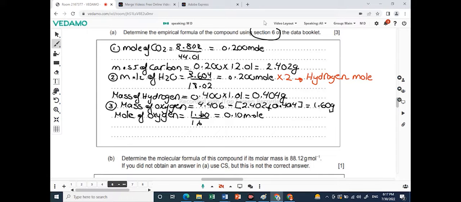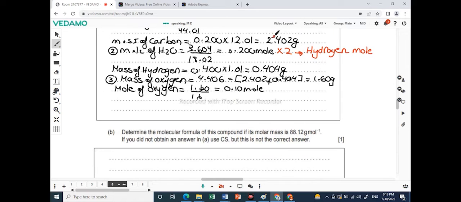Now, after calculating the mole number of each, we can continue with the empirical formula calculations. So I have the carbon, I have the hydrogen, and I have the oxygen. The mole of carbon is 0.2. For the hydrogen, it is 0.4. And for the oxygen, it is 0.1.